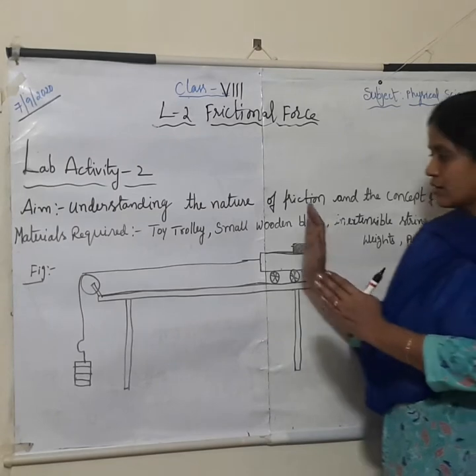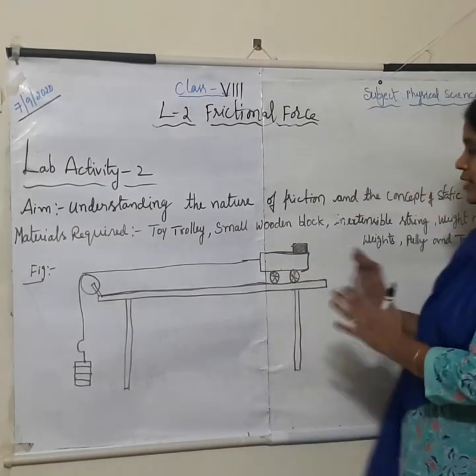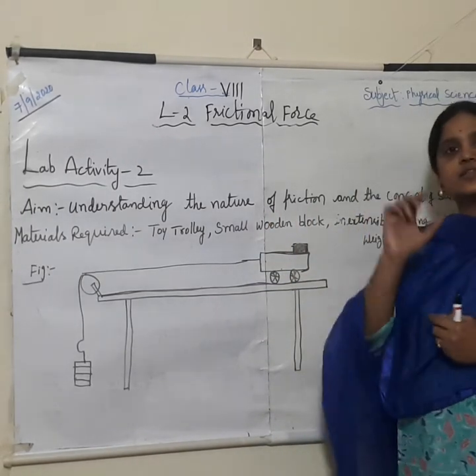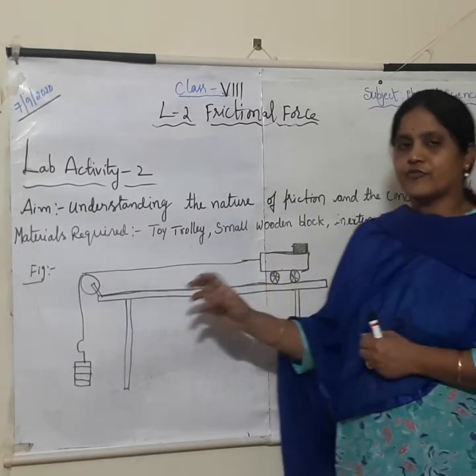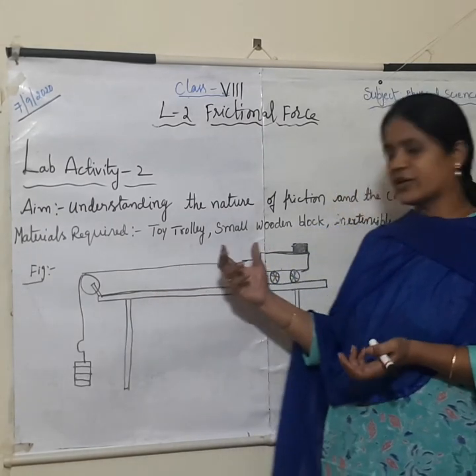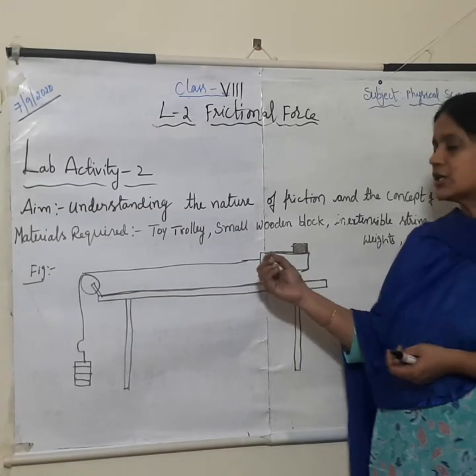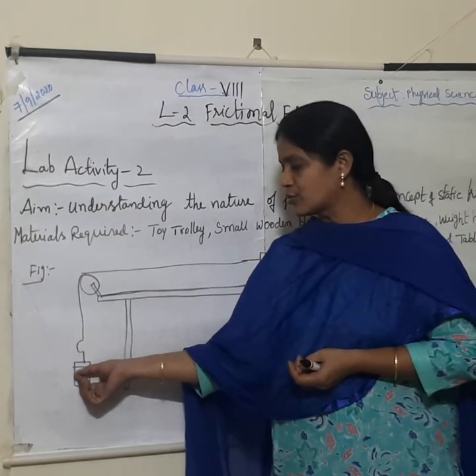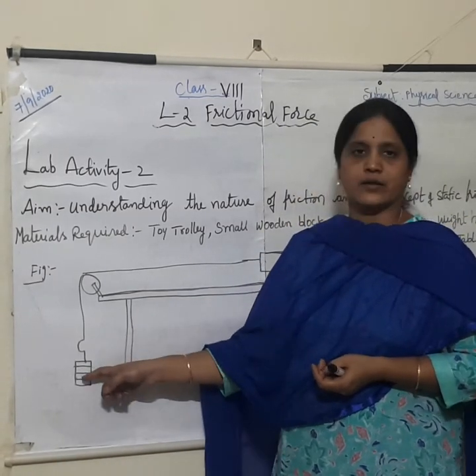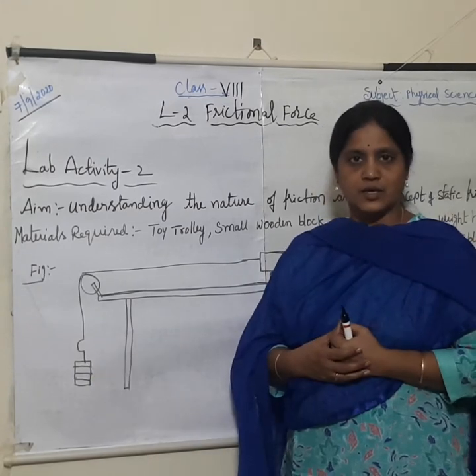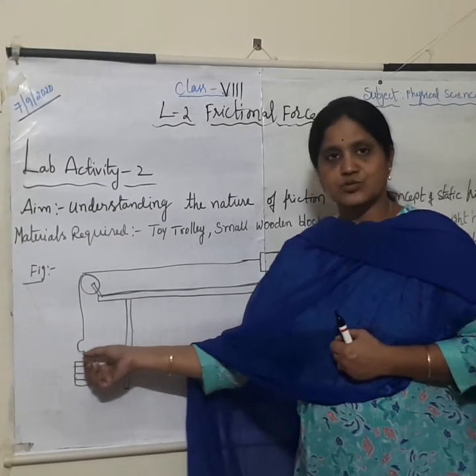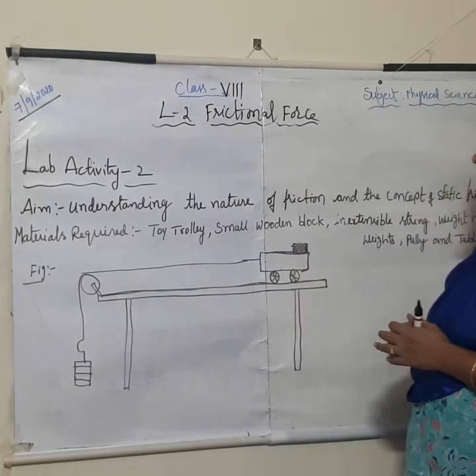When the arrangements are connected, you take some weights, just a little amount of weights, and add them to this weight hanger. When you add the weights to that weight hanger, then what happens?